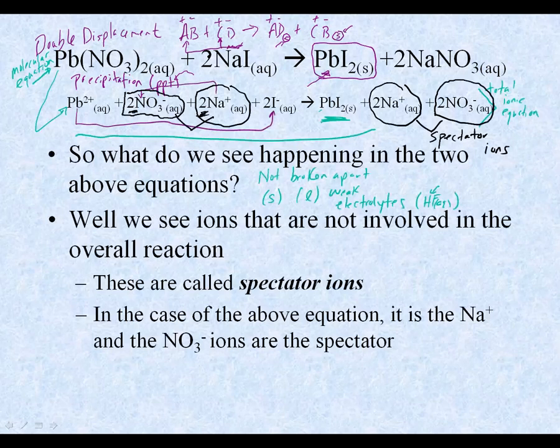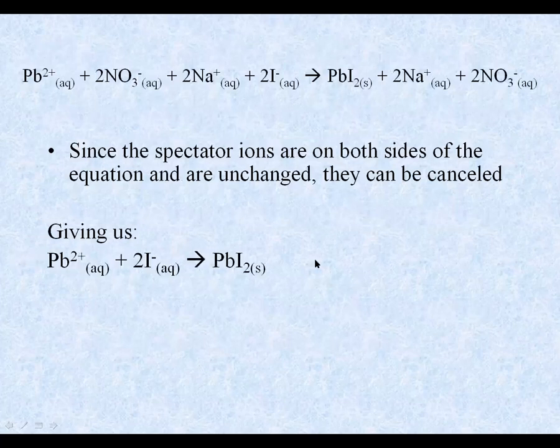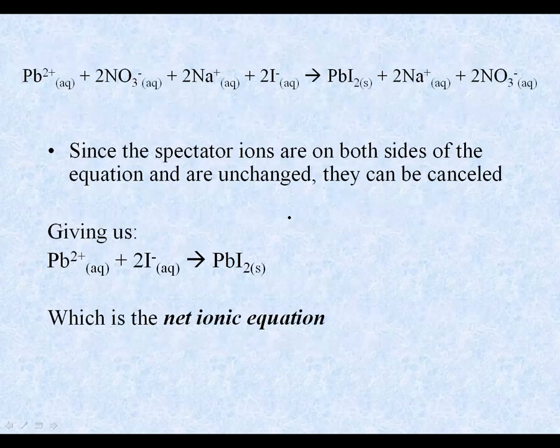As the name implies, a spectator ion is just hanging out watching what's happening. It's really not part of making the product of that particular reaction. So we typically cancel out those spectator ions, like we talked about last time. And when we cancel them out, what we are left with is another type of equation, known as the net ionic equation.